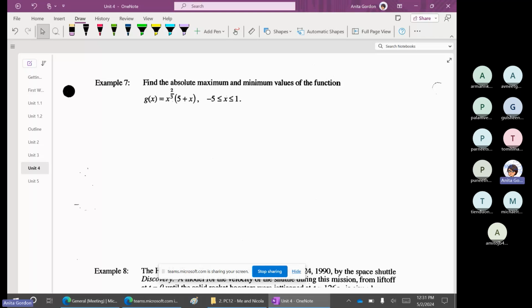Look at the endpoints, look at the critical points, tell me what the absolute max and min are. I'm going to give you a head start, and then I will write out the full solution. So take a moment.